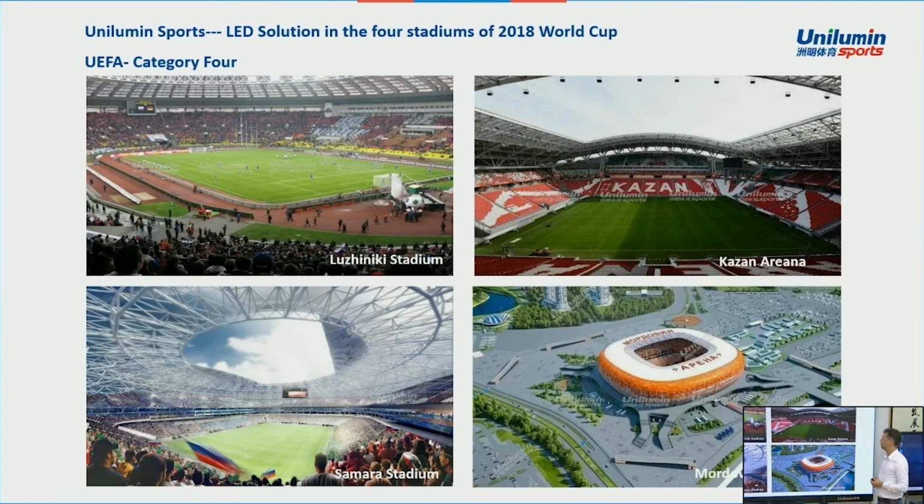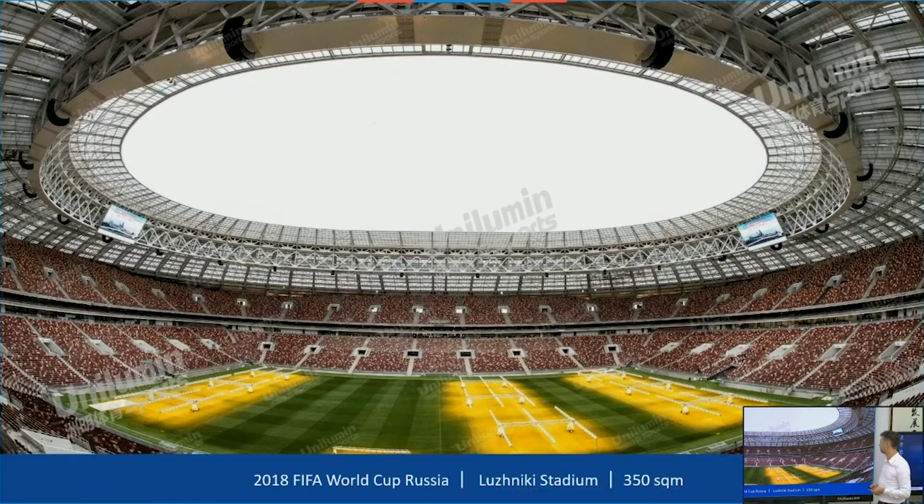FIFA World Cup in Russia 2018, 4 stadiums, including the biggest, most important stadium in Moscow, Luzhniki. It's a stadium of the opening ceremony, closing ceremony, semi-finals, and of course final match. Here you can see that stadium, it's quite big.